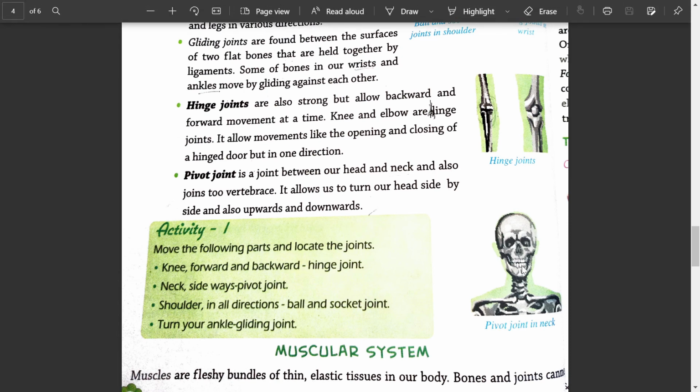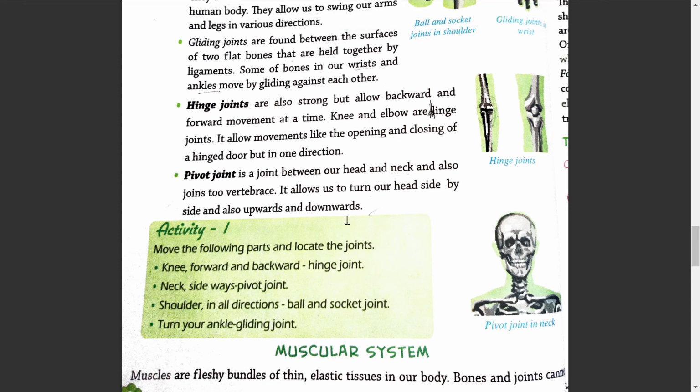Two vertebrae are attached to the skull. It allows us to turn our head side to side and also upward and downward. If you move your head, you can see that this joint allows your head to turn sideways, up and down.